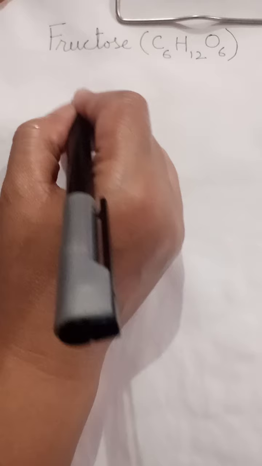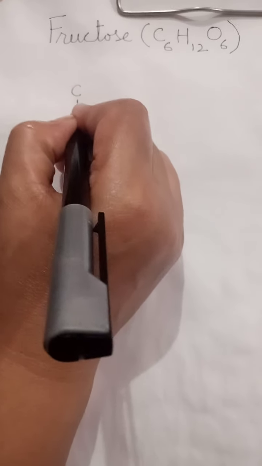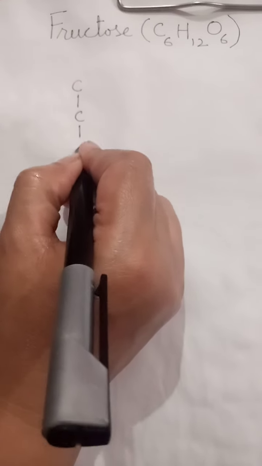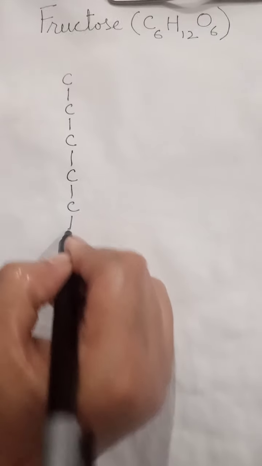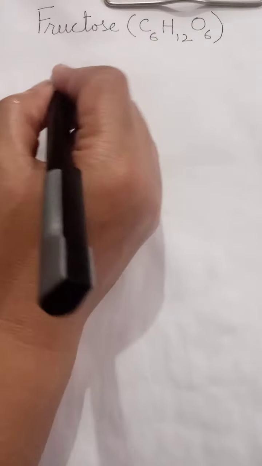Fructose is a keto sugar and its molecular formula is the same as that of glucose, but this is a keto sugar, while glucose is an aldo sugar. So let me start. 6 carbon sugar, 4, 5 and 6. This is carbon number 6.